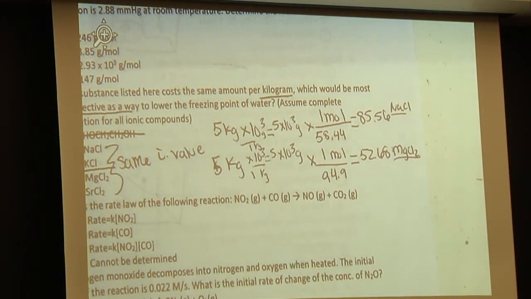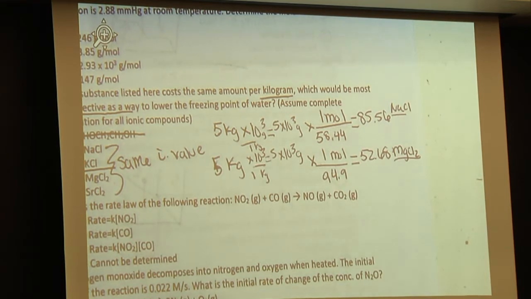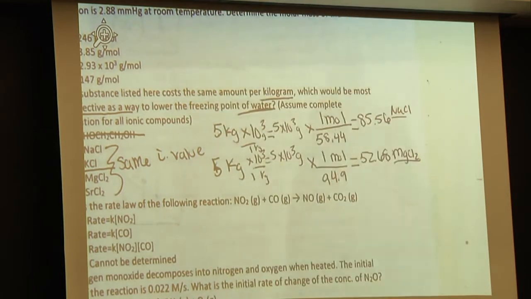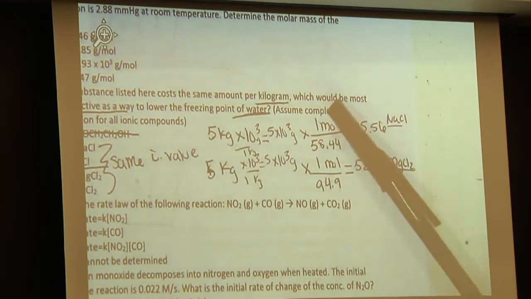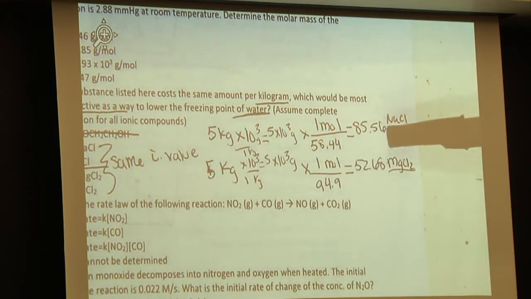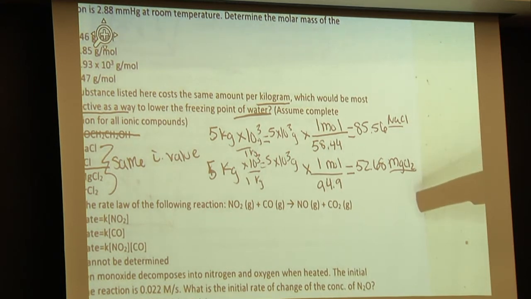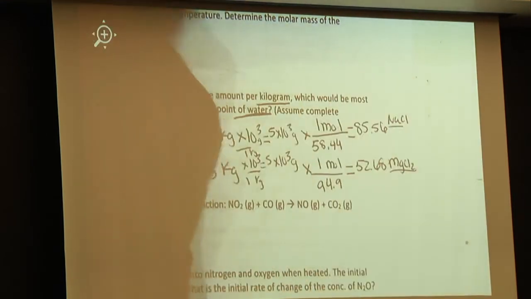All right, and so the Kf we're ignoring because it's in water. They all have the same solvent. We're talking about water right here. So comparing these two, you get more out of salt versus you do with MgCl2. You get a bigger change in freezing point with NaCl than you do MgCl2. So they're looking for the one that's the smallest. So the answer would be B.